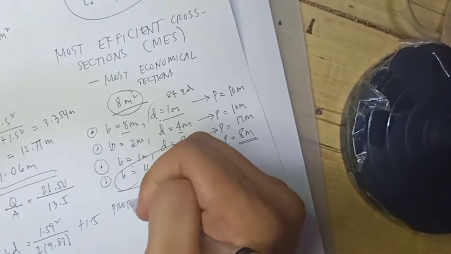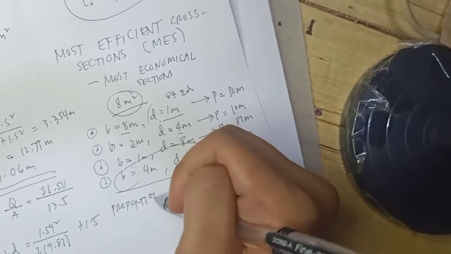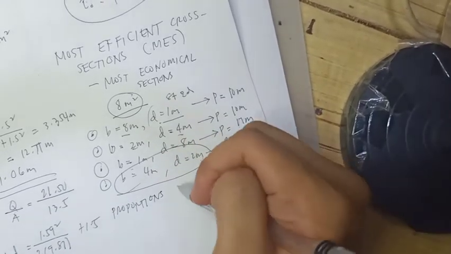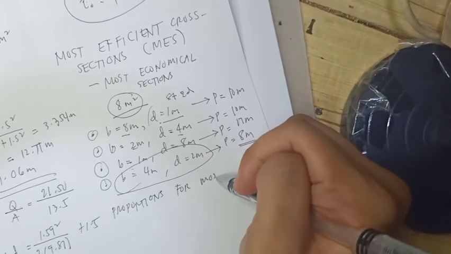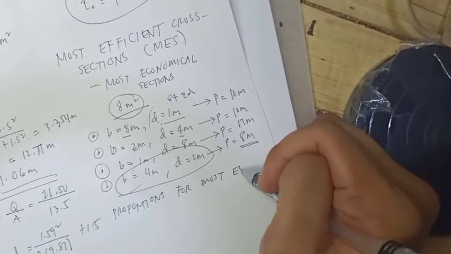Now the proportions for the most efficient sections.